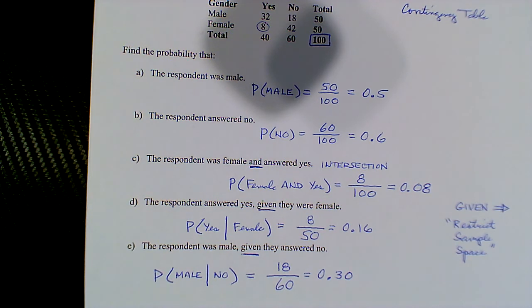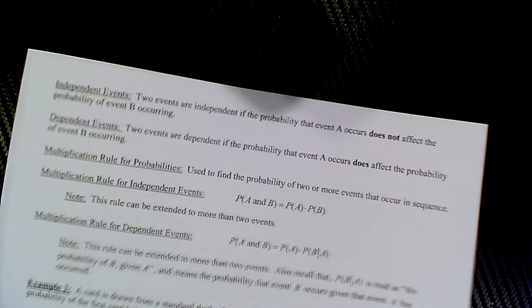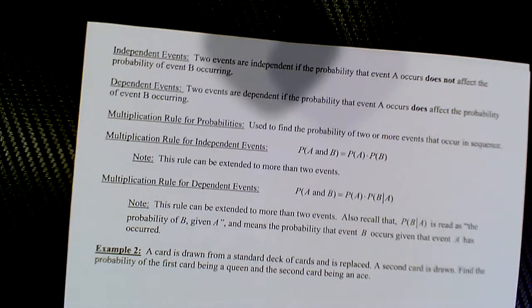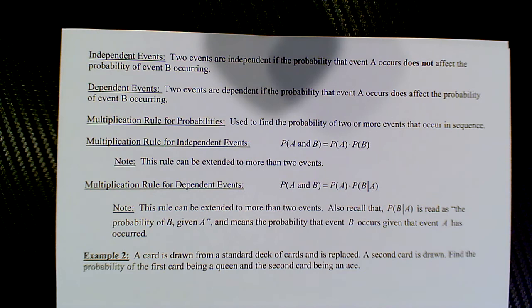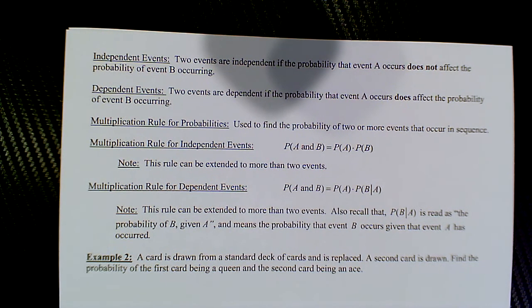Okay, in the next page we define independent events. We say two events are independent if the probability that event A occurs does not affect the probability of event B occurring.